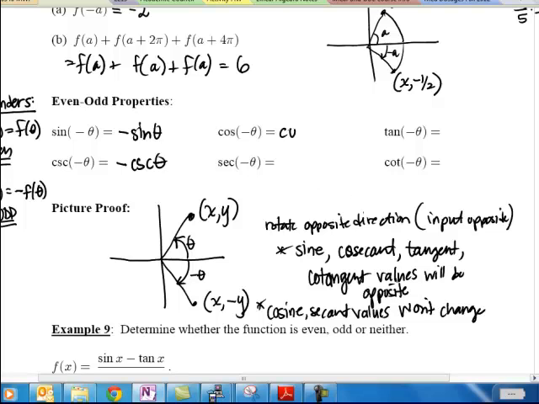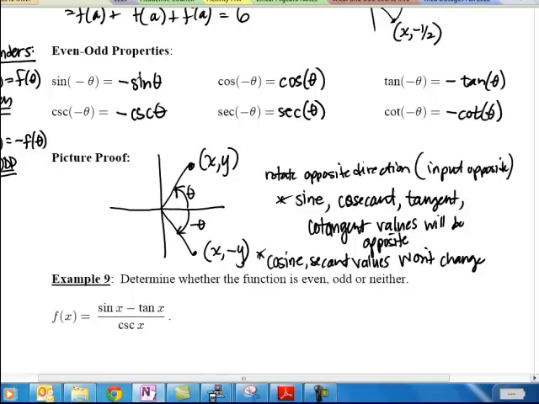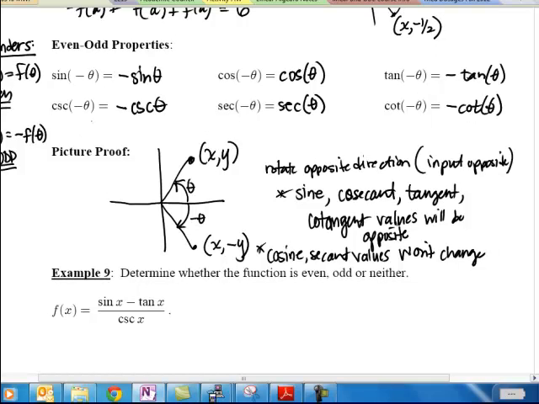Cosine doesn't change, so we could leave this at cosine of theta. Secant doesn't change, so we could replace this with just secant of theta. Tangent, we get the opposite value. And cotangent, we get the opposite value. Okay. So that means this function is odd, and the only two that are even are cosine and secant.